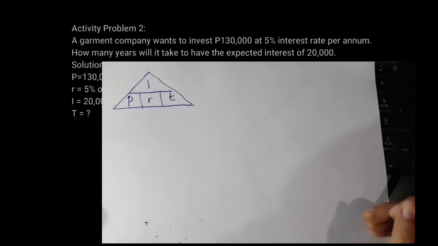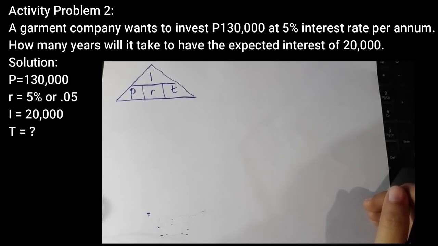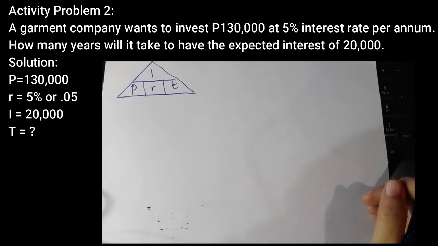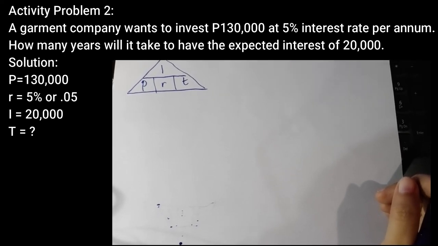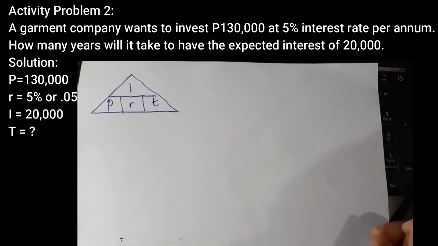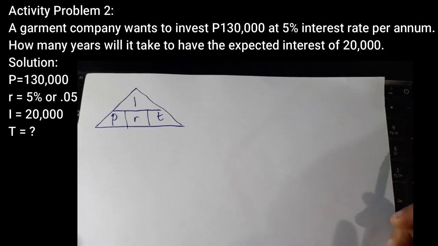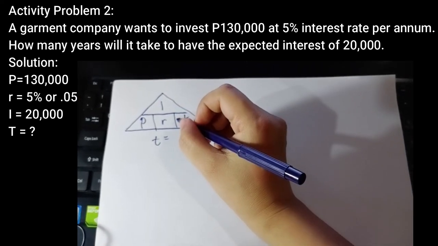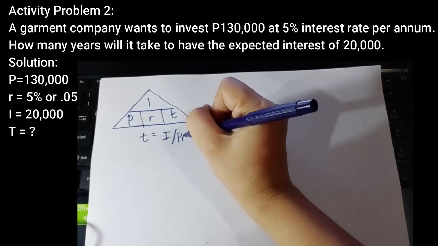Okay, how about for group 2? So we have here the problem. A garment company wants to invest 130,000 at 5% interest rate per annum. How many years will it take to have the expected interest of 20,000? And what is asked? It's the time. So based on our triangle here, when we look for the time, we just cover the T, and what is left there is the I over P times the R. So T is equals to, time is equals to I over PR.